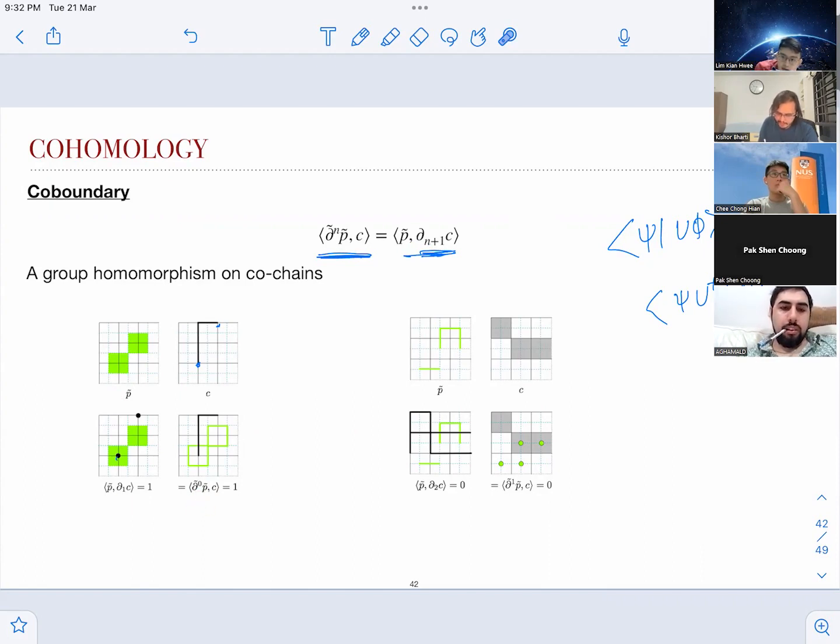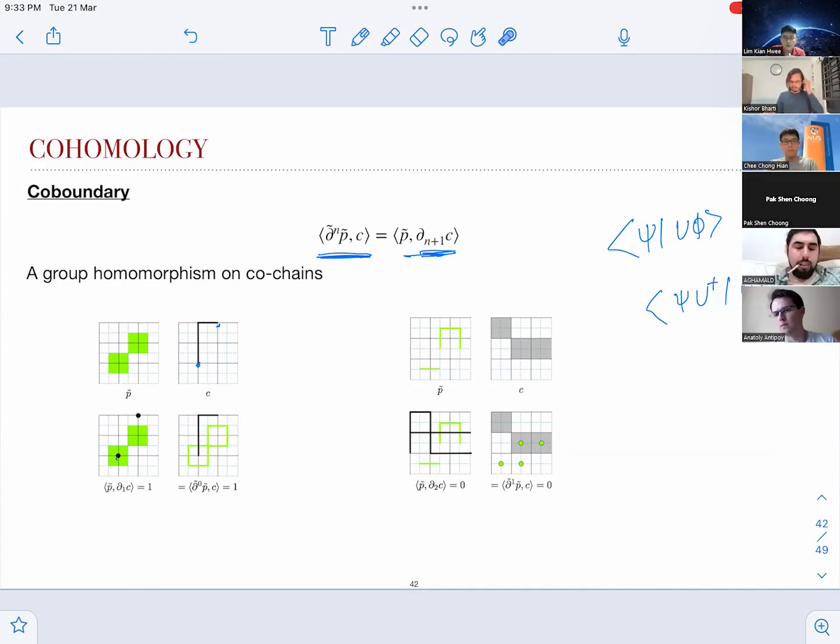So delta 0 P tilde will give you just the boundary here, and taking the inner product with C counts the number of places this edge intersects the edge here, which is 1.